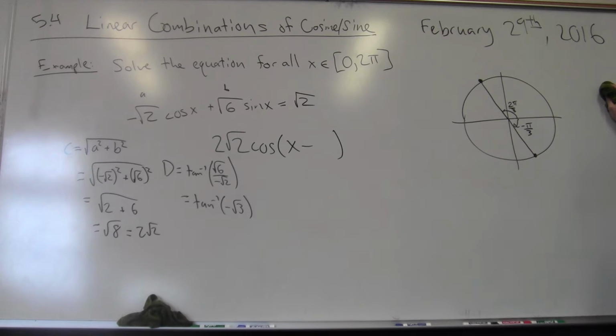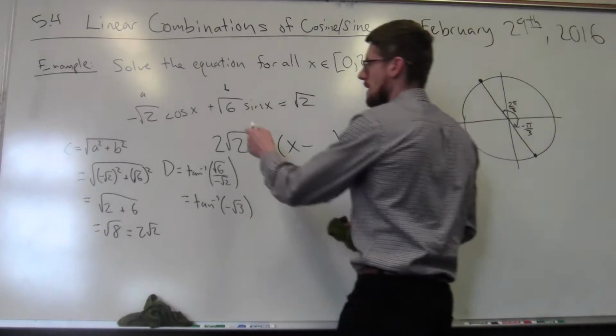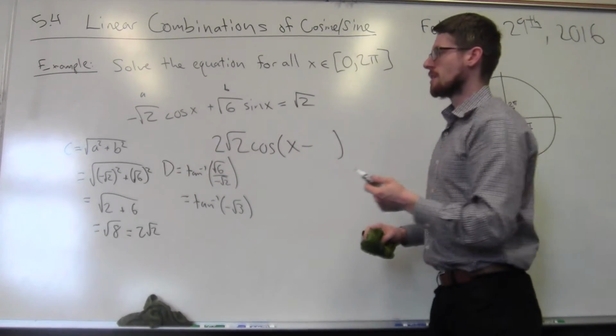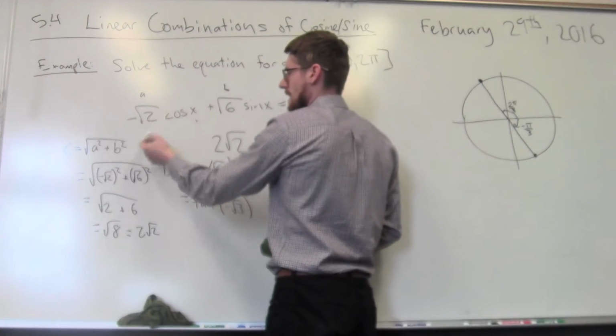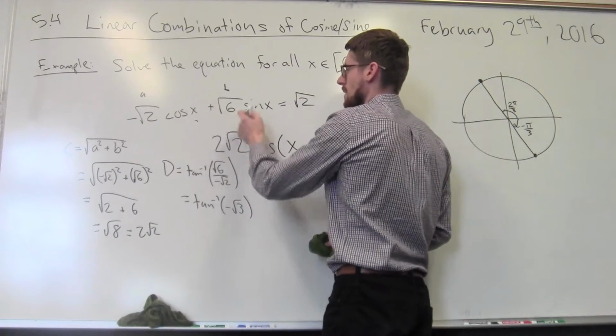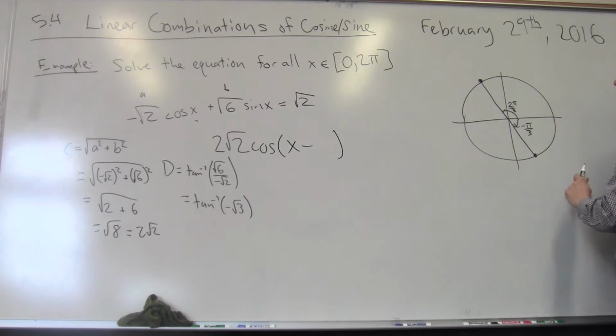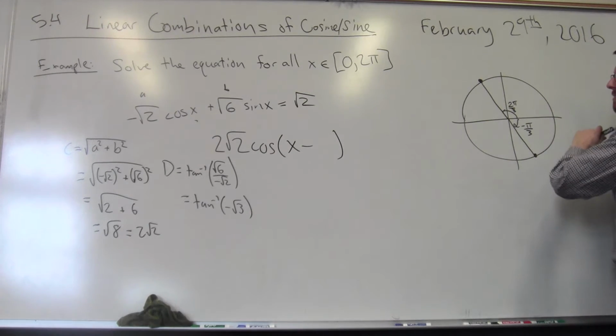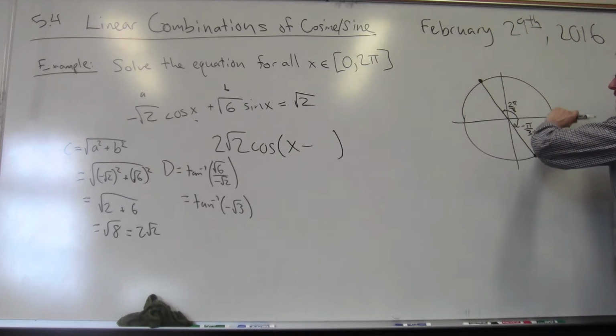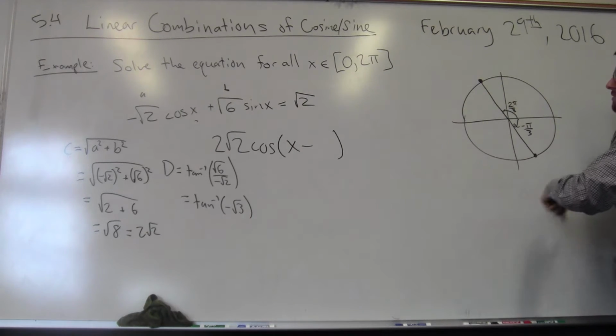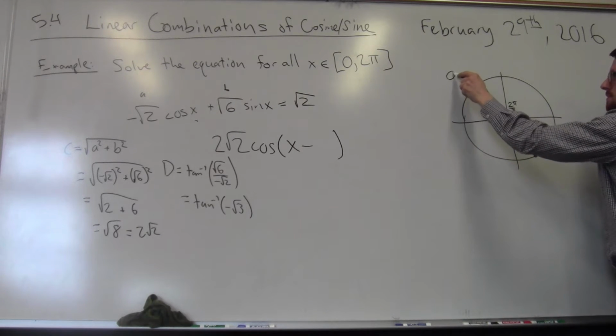And so we have to figure out which answer we want. If we want the answer in quadrant 4, or if we want the answer in quadrant 2. Well, if you remember looking back at this original equation, we know the cosine is negative and the sine is positive. So which quadrant should that end up being in? We want the cosine to be negative and the sine to be positive. That one is in quadrant 2.